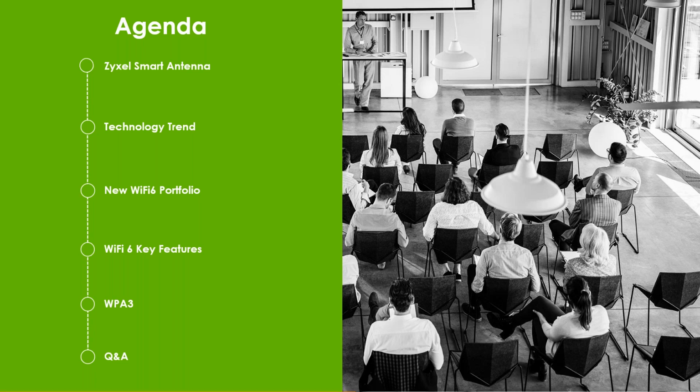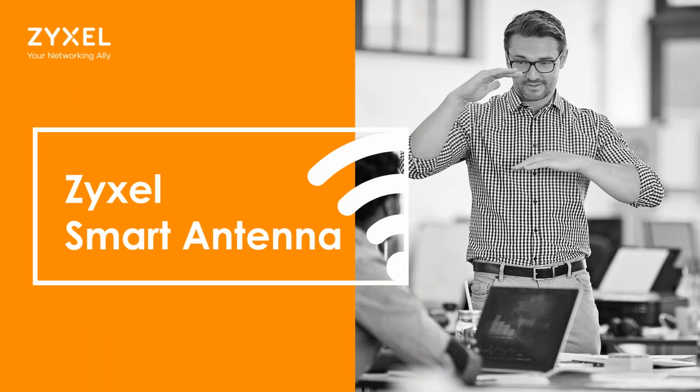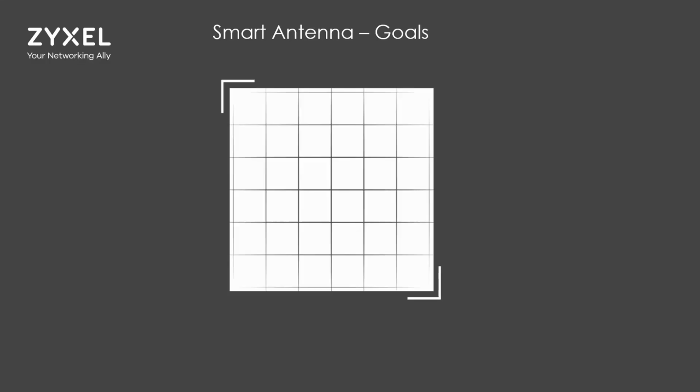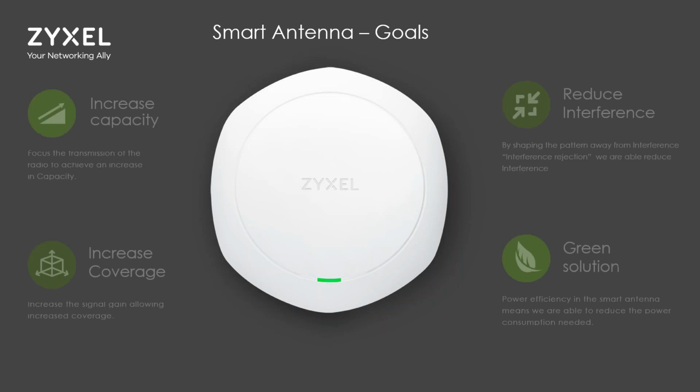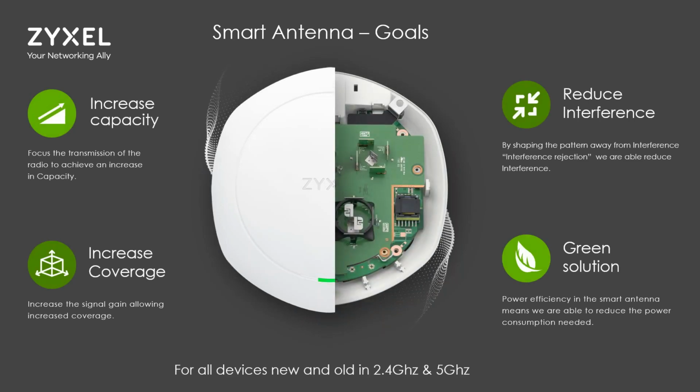Okay, so let's start off with Smart Antenna. So Smart Antenna is an adjustable antenna array in our higher end APs. And the goal of Smart Antenna is to, of course, increase capacity, coverage, and especially interference by saving electricity at the same time, because you allocate a certain antenna pattern to all clients connected to that AP.